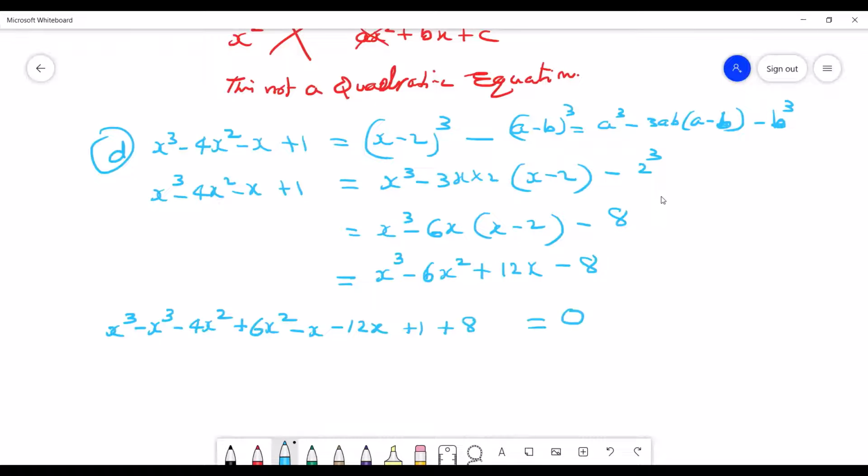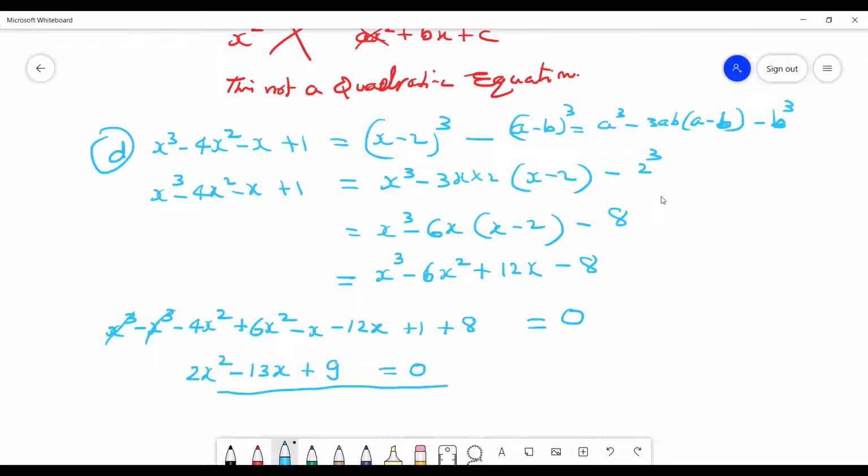That is 0. So x cube and x cube will get cancelled. Minus 4x square plus 6x square, when you add, you will get 2x square. Then minus x minus 12x is minus 13x. Then 1 plus 8 is 9 equal to 0.